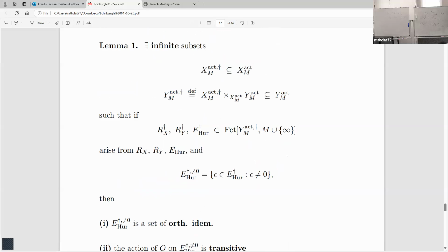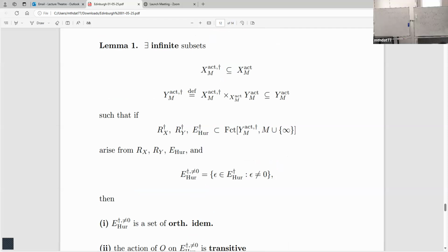Namely, there exists an infinite subset of this set of active points, the dagger subset, with the following property. If you look at the fiber of this subset within the set of active points of Y, then you have this function space, which is the projection of the original function space, and then you can map the various objects that you had, Ry, Rx, etc. The dagger versions are just the images of these, and so this is the image of the idempotents.